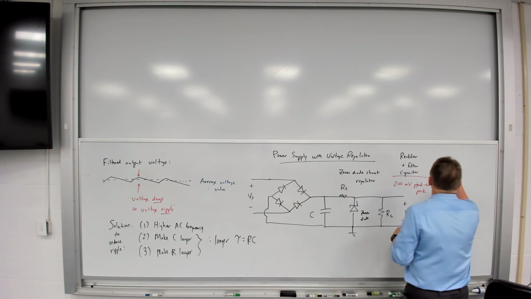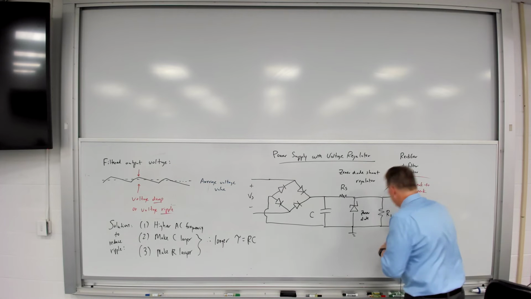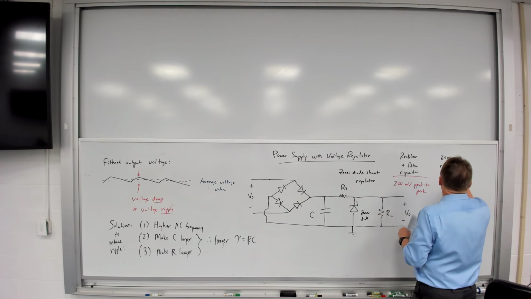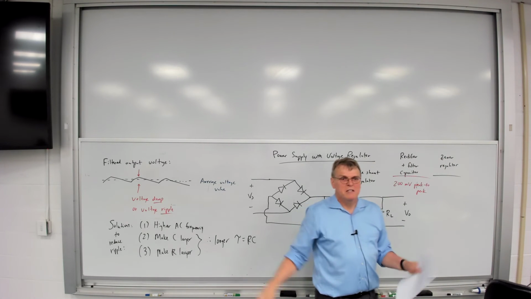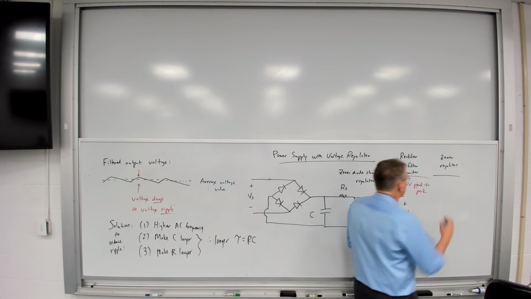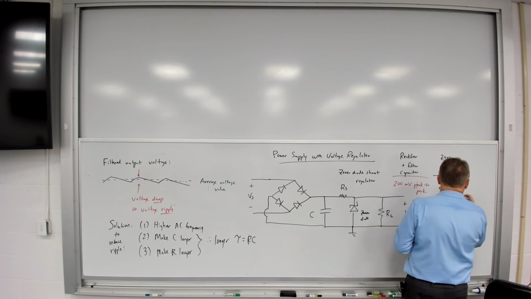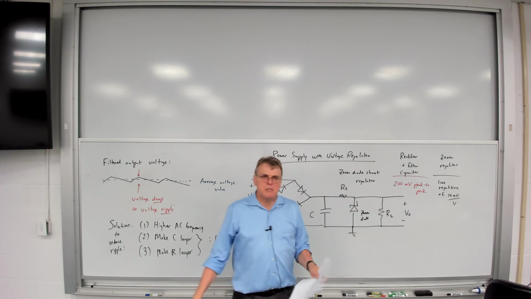And let's say my regulator has a line regulation of 10 millivolts per volt. Of course, these are just numbers I'm pulling out of the air, but reasonable numbers.